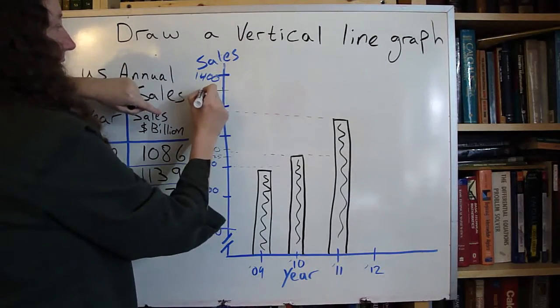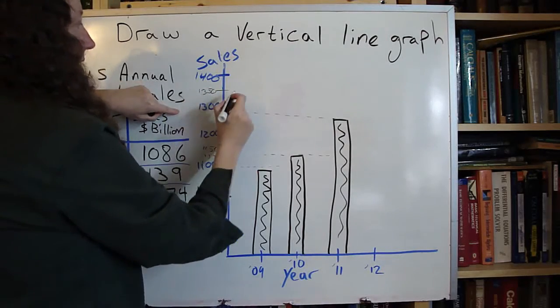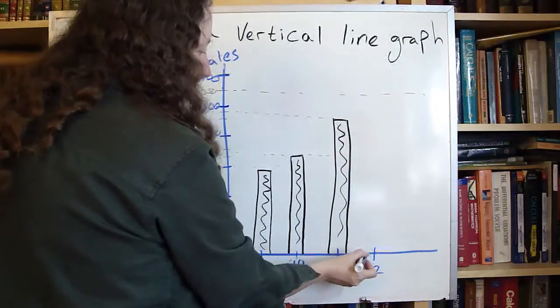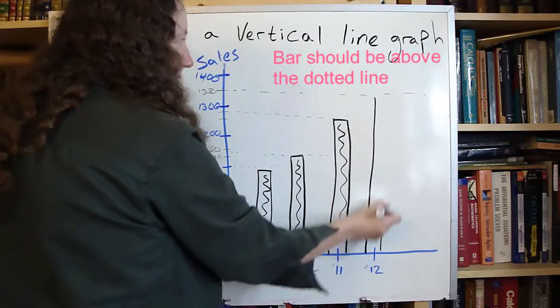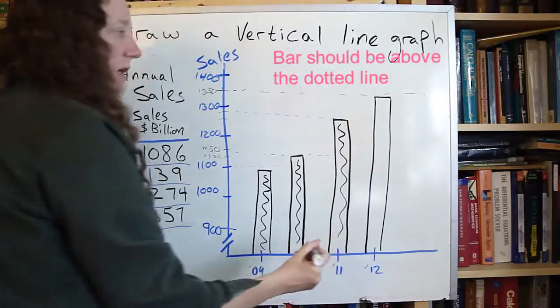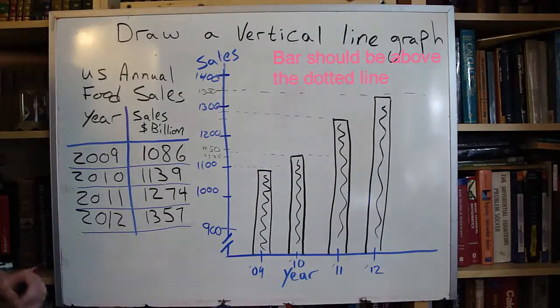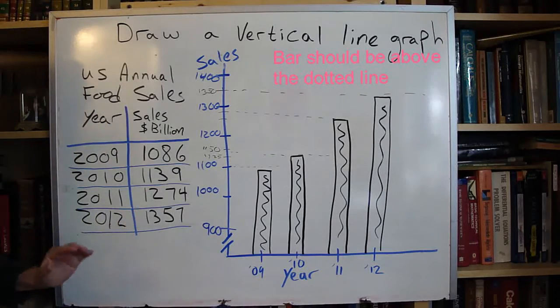So there's my 1350. So I'm going to take my dotted line over, take this up, stop just a little shy of my dotted line, and there's my next bar. My bar graph is now done.